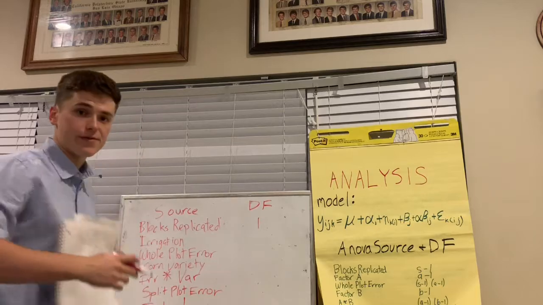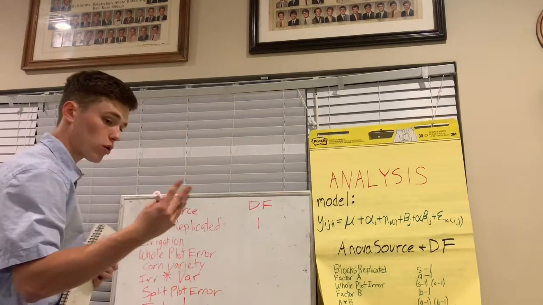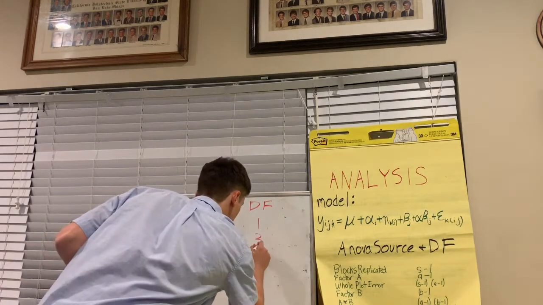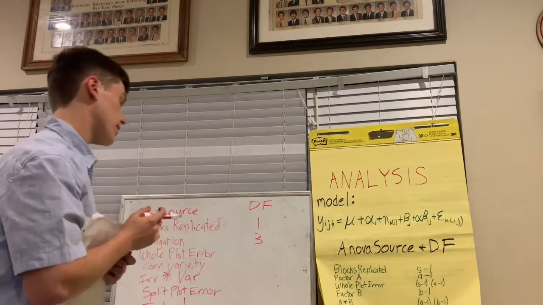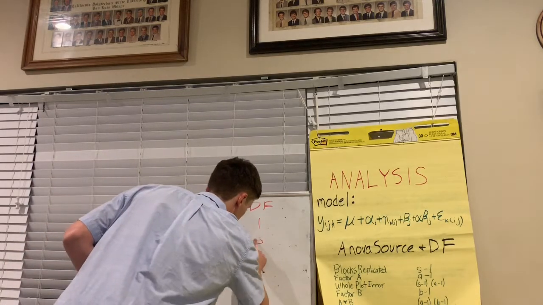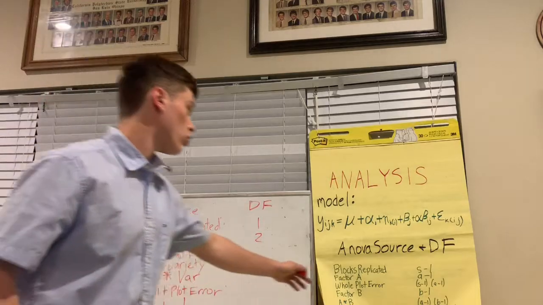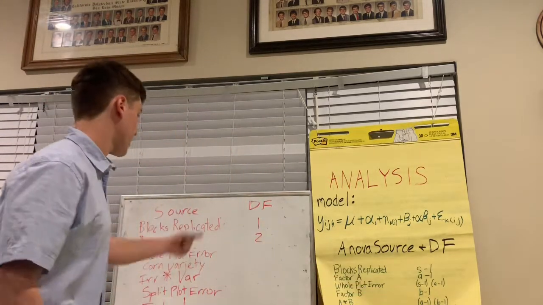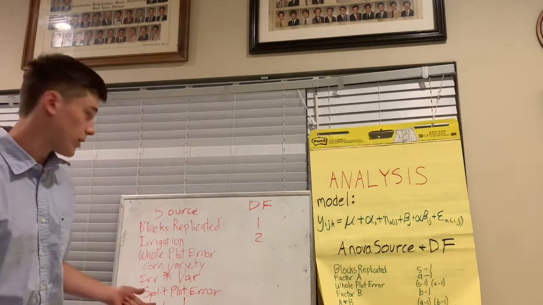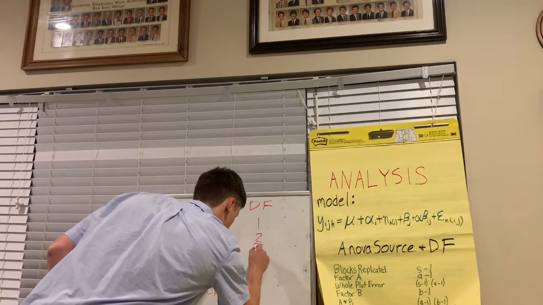Okay, and then for factor A, we have the number of levels minus 1. We only had 3, so 3 minus 1 is 2. Next we have our whole plot error, which is the degrees of freedom of the blocks replicated times our factor. So we get another 2 for that.